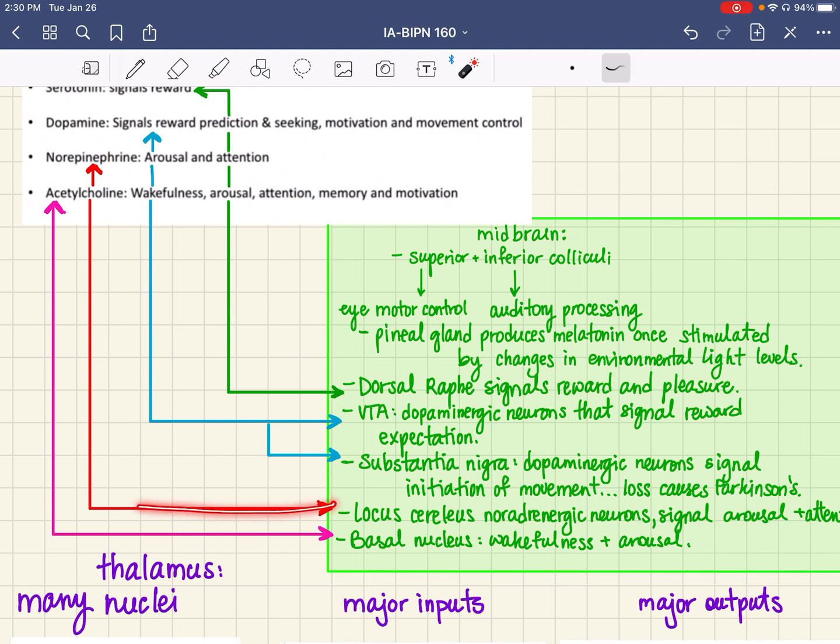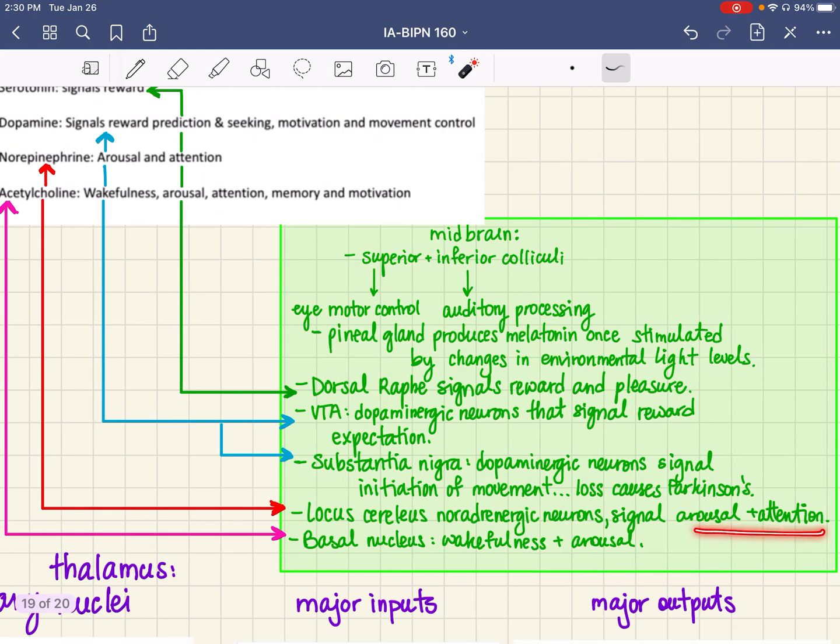Then if we follow the red arrow, norepinephrine is being produced from the nucleus locus coeruleus. Noradrenaline is norepinephrine. Adrenaline and epinephrine are the same thing, just different names. They signal arousal and attention.